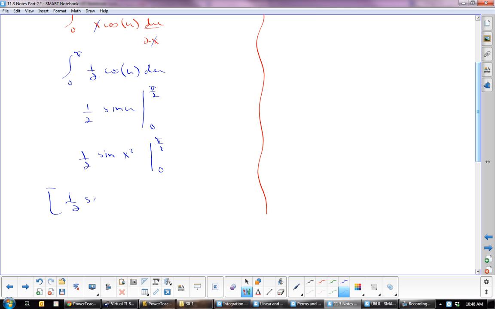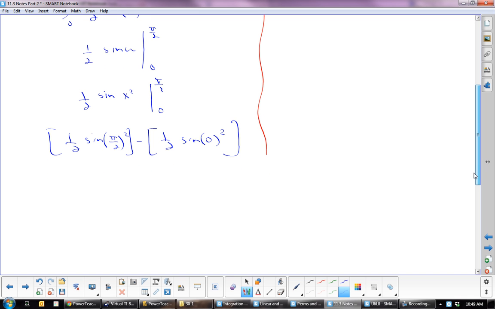So 1/2 sine of pi over 2 squared minus 1/2 sine 0 squared. Okay, this would be 1/2 sine pi squared over 4 minus sine 0 is 0, so 1/2 times 0, it's just going to be minus 0. Gives me the answer 1/2 sine pi squared over 4.